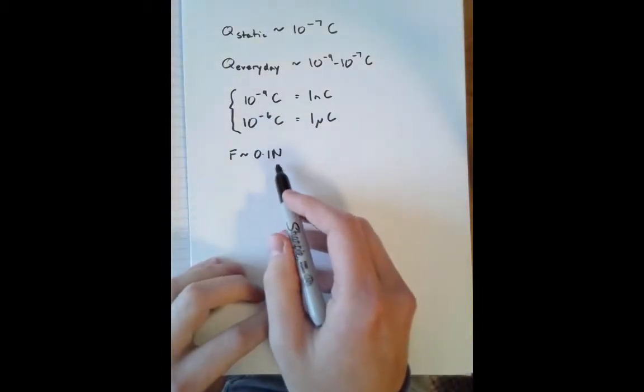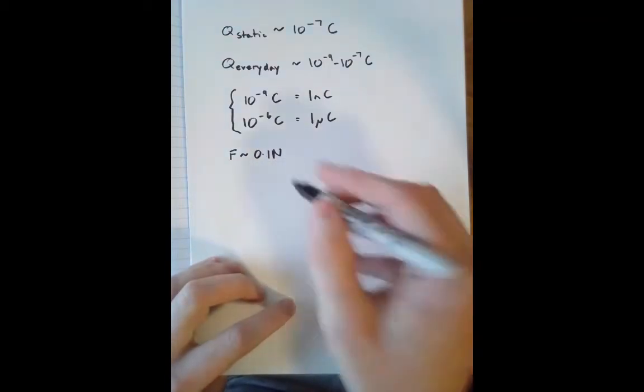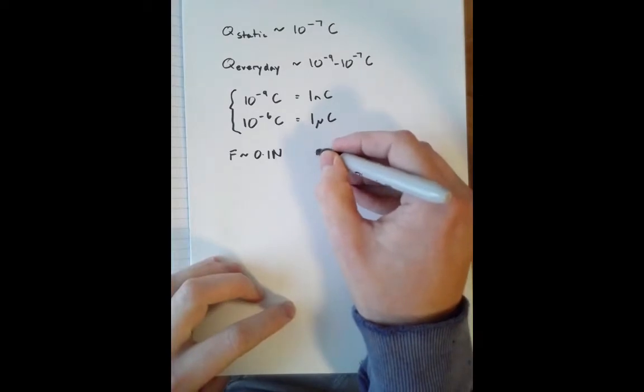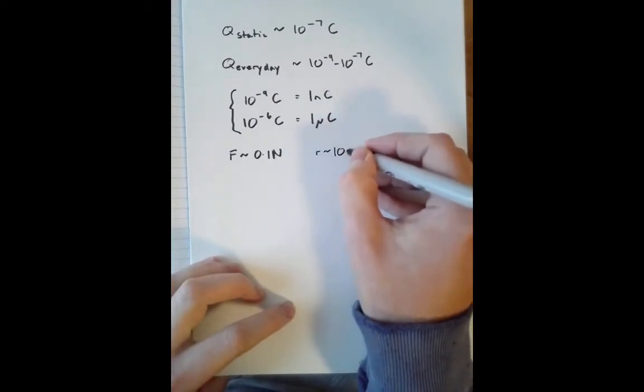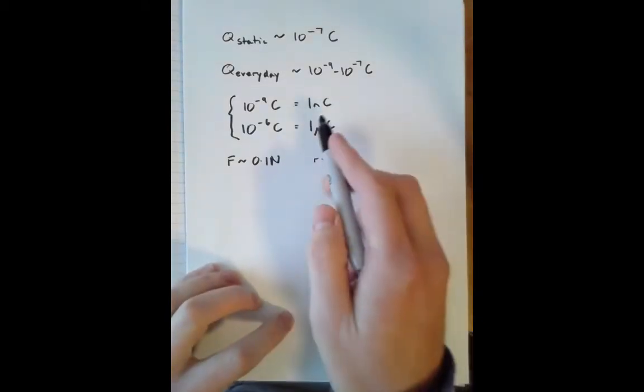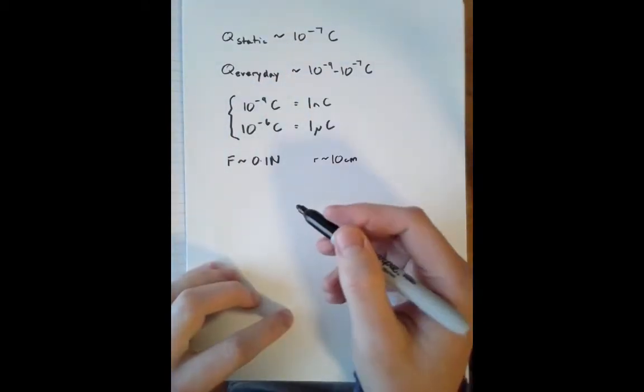So this force of 0.1 newtons was produced by two objects. We said, if you remember, that the balloon was about 10 centimeters from the wall, the center of the balloon, that is. And we said it had a static charge of 10 to the minus 7 coulombs.